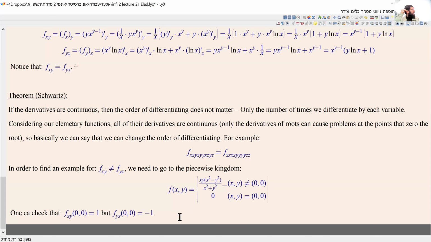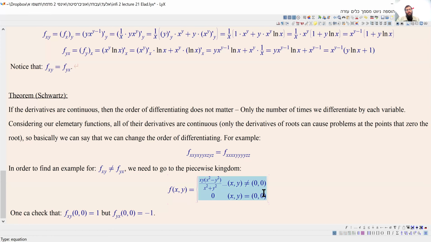Here it will take some minutes, and I don't want to waste them on this. You calculate fx, first at 0 by definition, and then at every other point by the rules, which is the derivative of a fraction, not very nice.